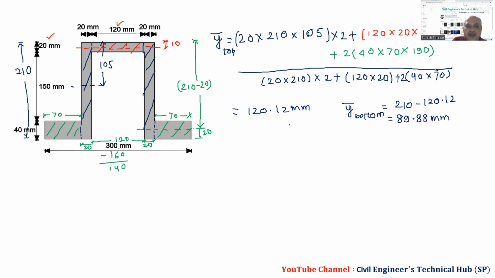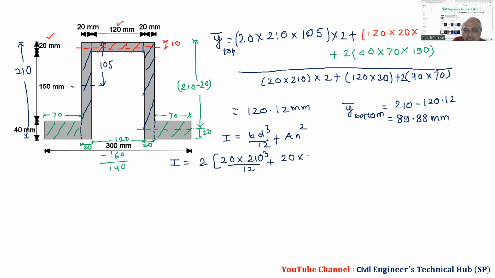And now we will go for the I value. Again, we have the same formula, BD cube by 12 plus A into H square. Try to understand this. So first we have 2 times, now B we have 20, D we have 210, cube by 12, plus A into H square.